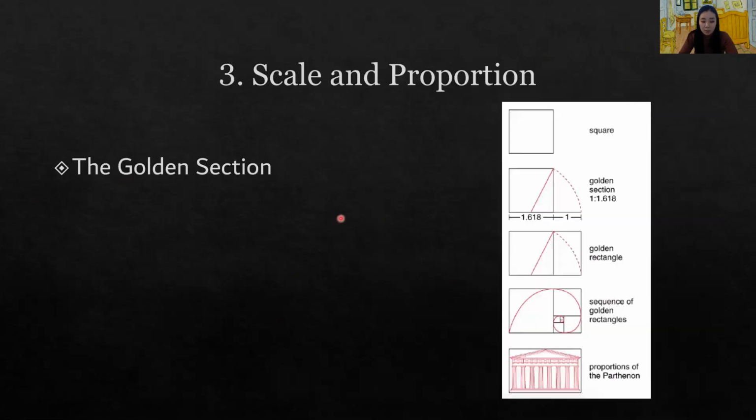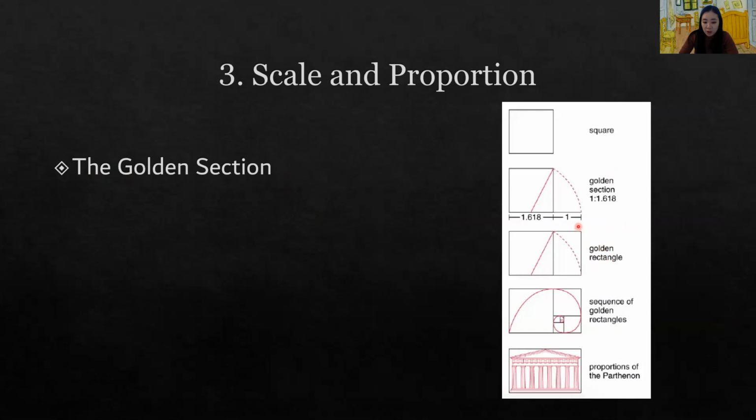The last one we are going to see today is the golden section. The Greeks' interest in the use of mathematical formulas to determine perfect proportions has fascinated artists ever since. One of the best known formulas is what has become known since the Renaissance as the golden section.